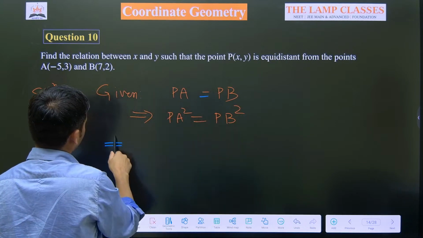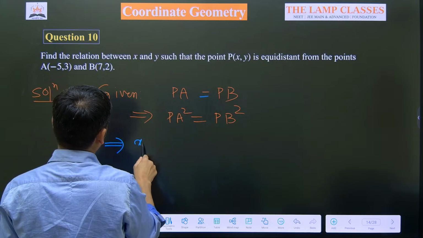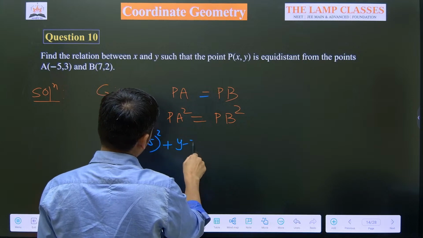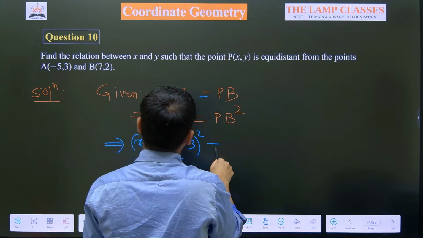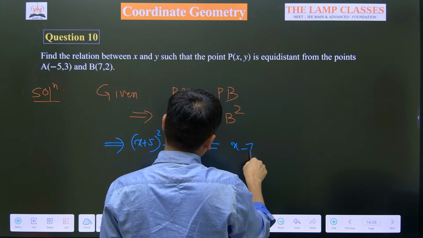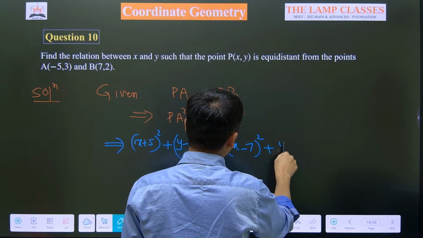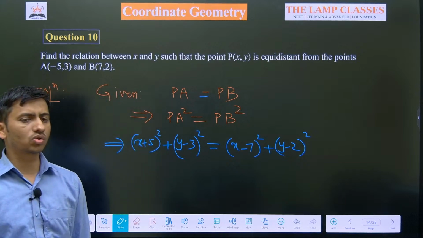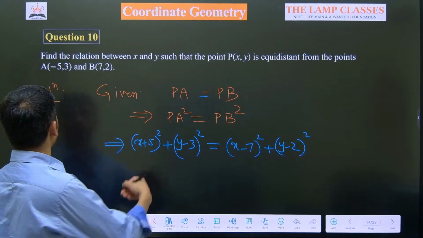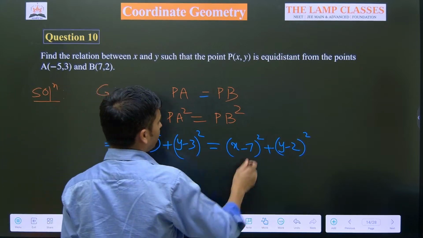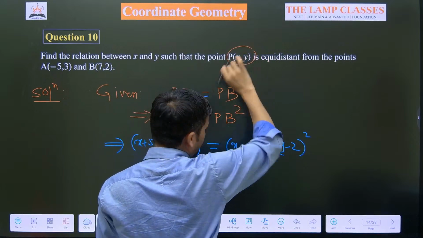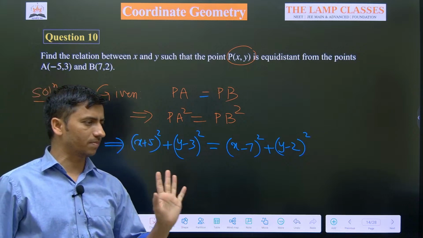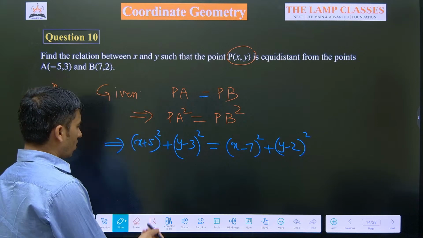So that's going to be (x plus 5) the whole square plus (y minus 3) square equals (x minus 7) square plus (y minus 2) the whole square. They might also use the words find the equation of point P. Okay, guys, if they ask you to find the equation of point P so that this is equidistant from these, it is the same question they are basically asking. There also we will do the same thing.